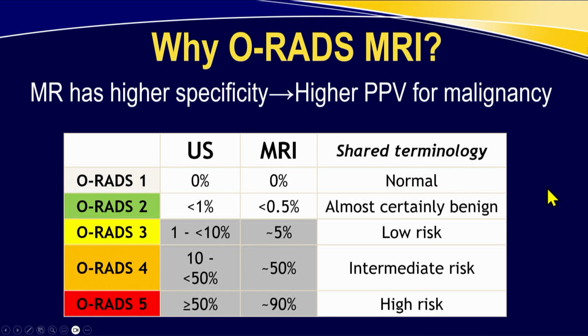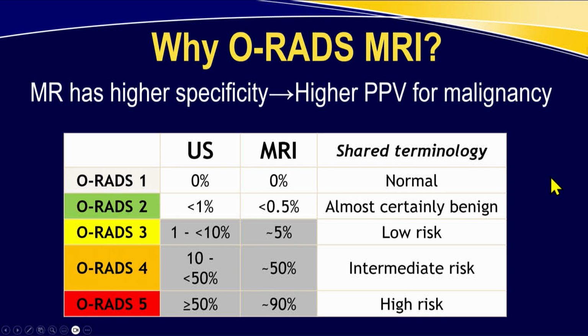And when you compare O-RADS MRI and O-RADS ultrasound, you see that MR has a higher specificity and a higher positive predictive value for malignancy. And you can see by looking at O-RADS 1, 2, 3, 4, and 5, if you compare the ultrasound numbers versus the MR numbers, positive predictive value, recognizing they have the same shared terminology, you can see that MRI has that higher positive predictive value, most pronounced for O-RADS 4, which is about 50%, as opposed to ultrasound, which is 10 to less than 50%.